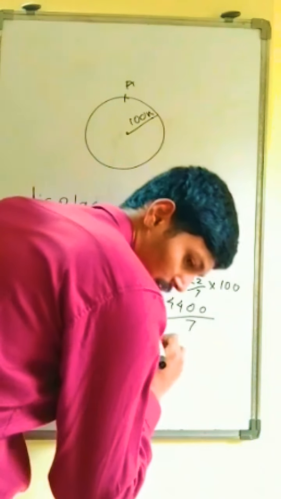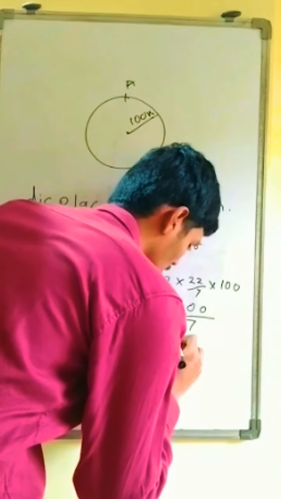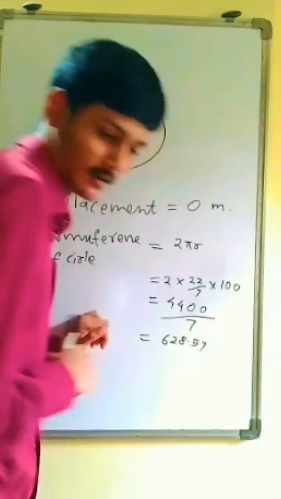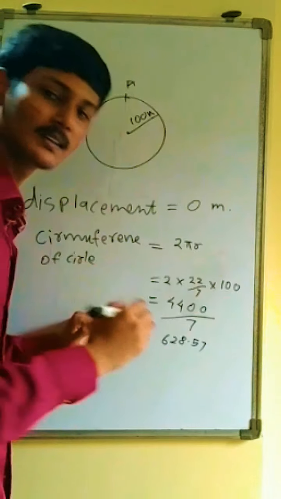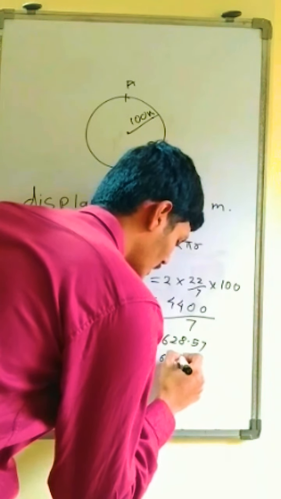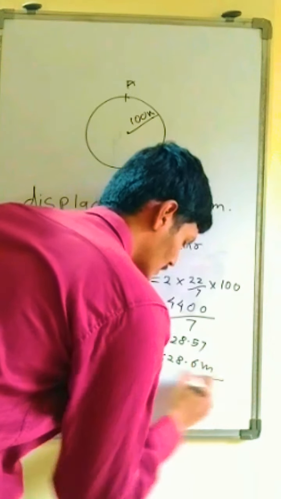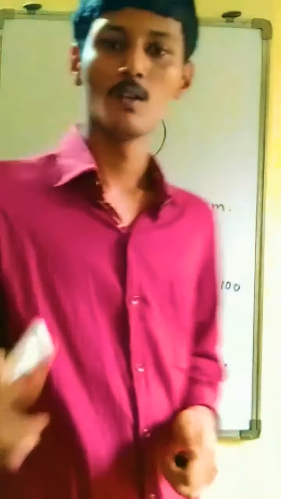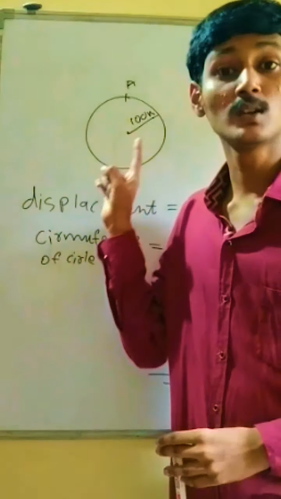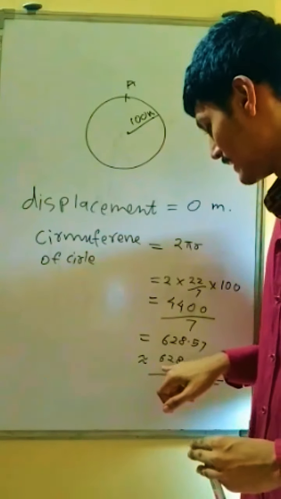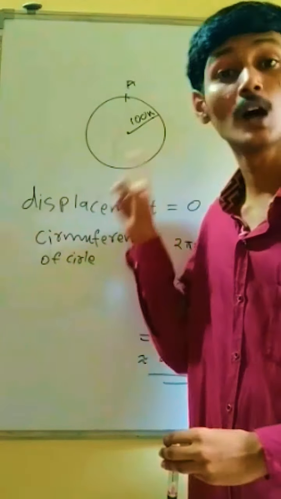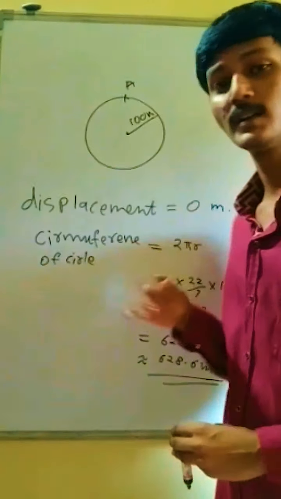When we divide, we get the answer 628.57. If we approximate this answer, we get approximately 628.6 meters. So using the formula, we found that the total distance covered by Swarali is 628.6 meters. But it is a circular path, therefore the displacement is 0 meters.